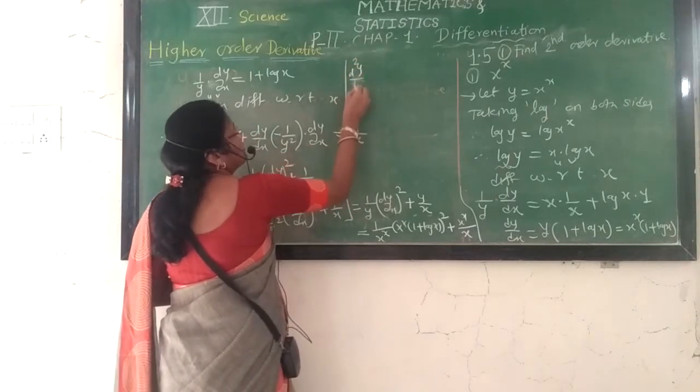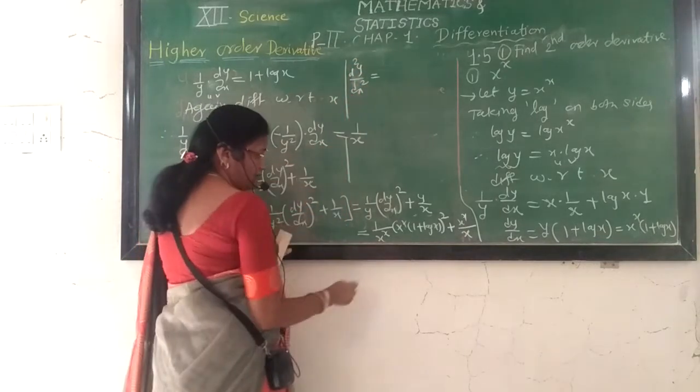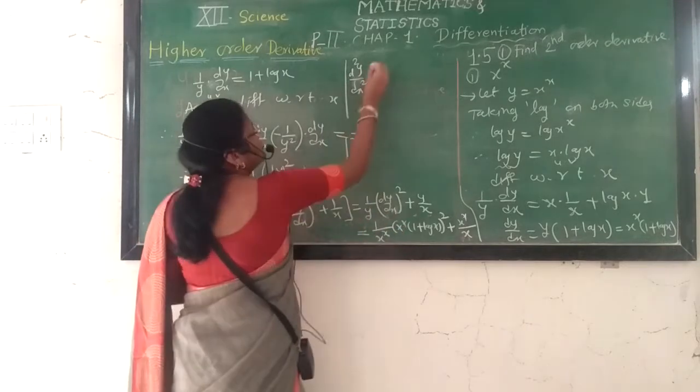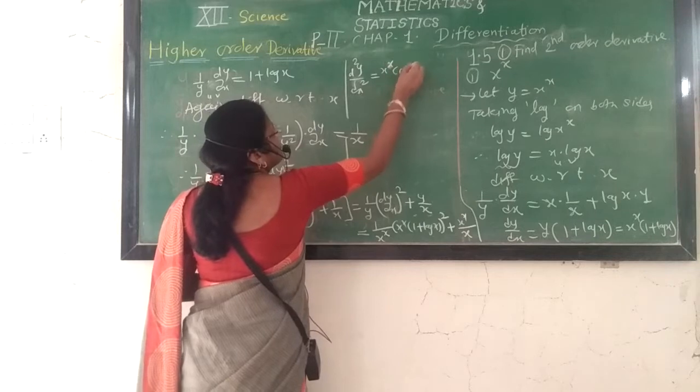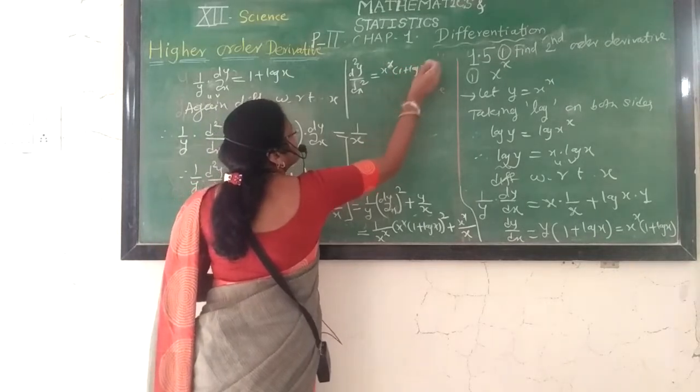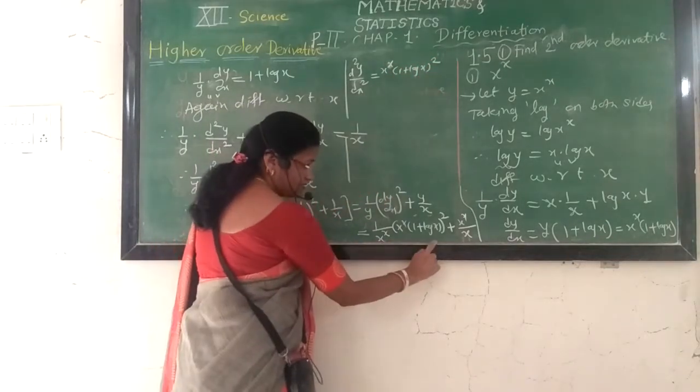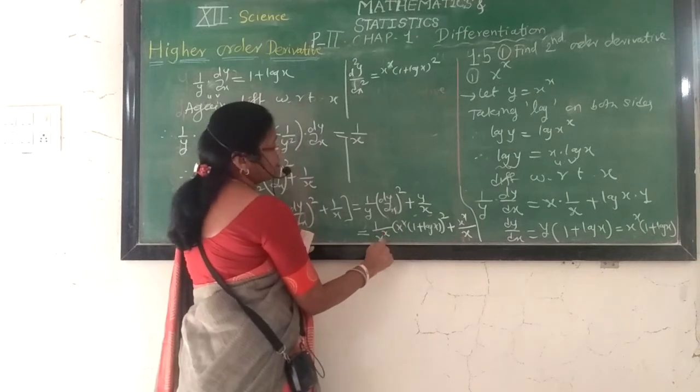Means d2y by dx square is equal to, here simplify this, you get x raised to x (1 plus log x) bracket square for the first expression. Only one of the terms is cancelled out.